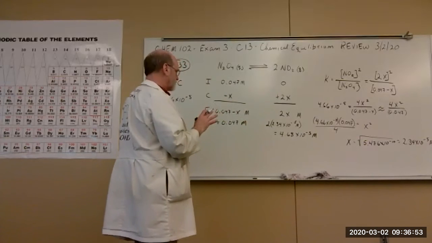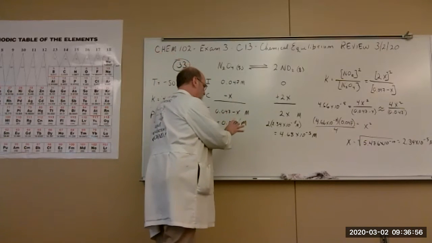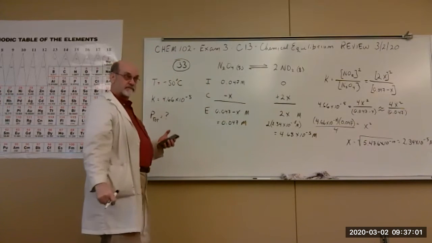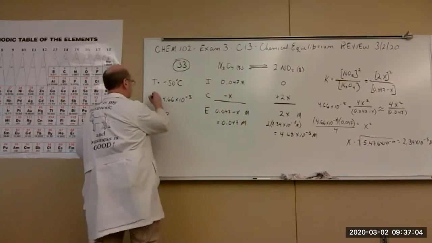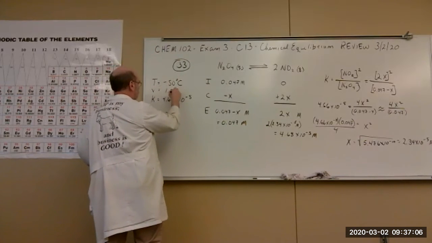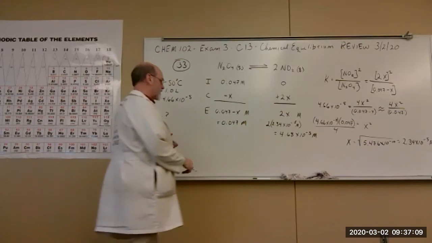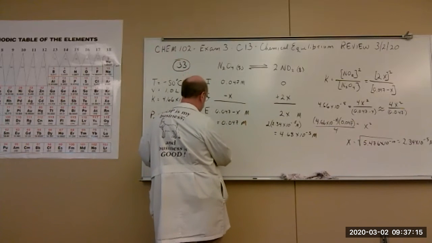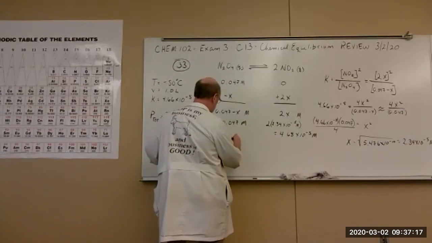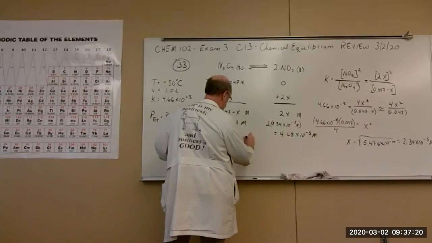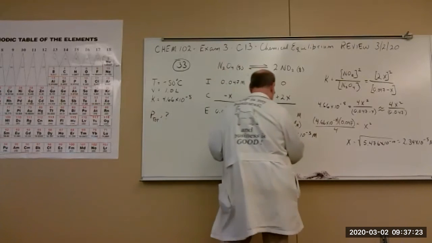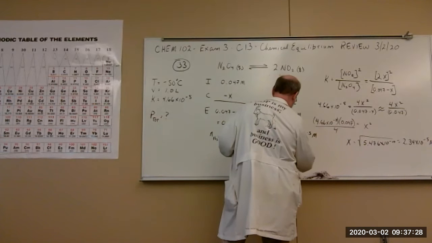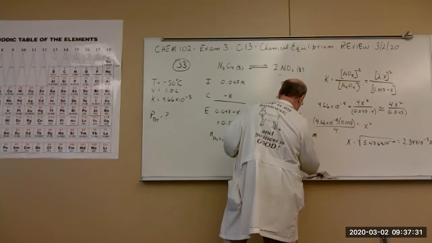Okay. So now that we've got molarity, we need to know how many moles that is. Right? What's the size of the container? 1 liter. Right? So if you got 1 liter and that molarity, the number of moles of this one equals 0.047. And for this one, in O2, 4.68 times 10 to the minus 5.